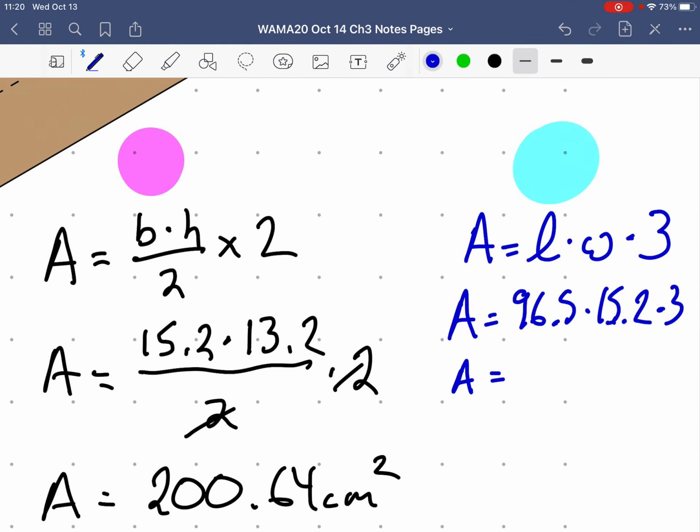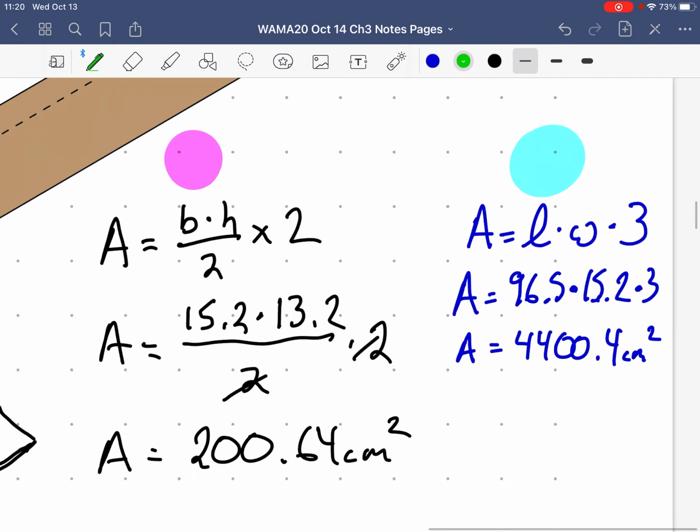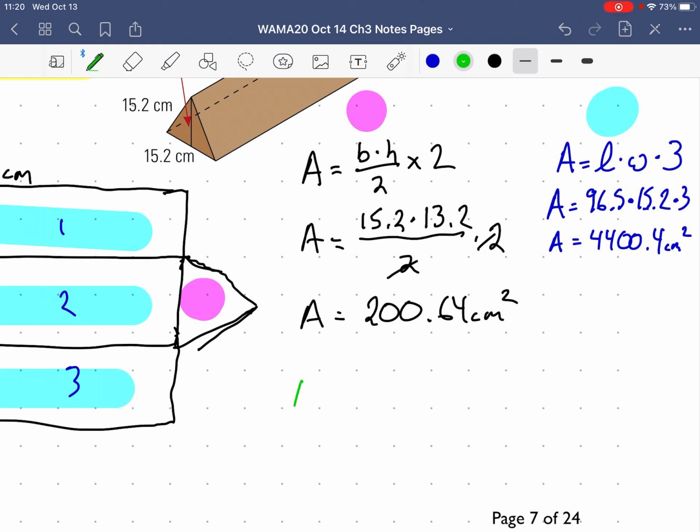Now I'm getting a little bit tight on space here, you can see. But I just have one more step, right? 96.5 times 15.2 times 3. I use dots for multiplication. 96.5 times 15.2 times 3 is equal to 4,400.4 centimeters squared. So finally, we can find the total area.